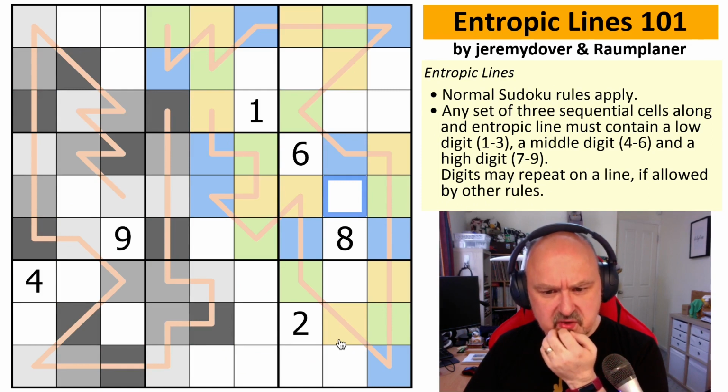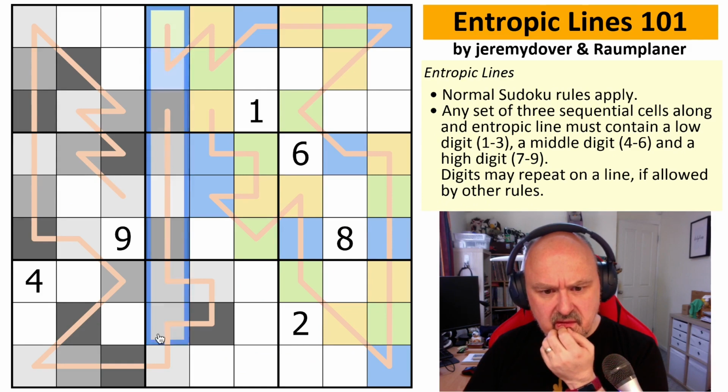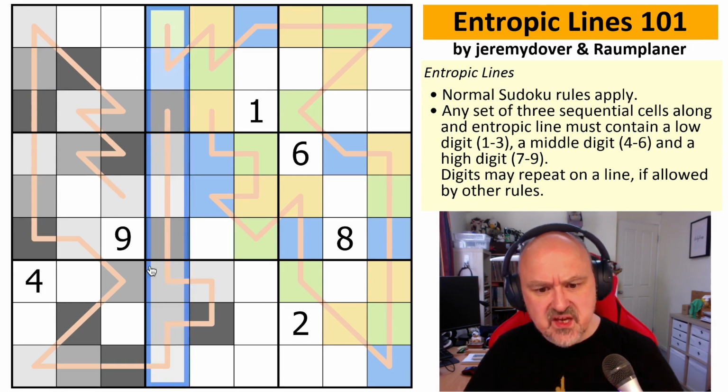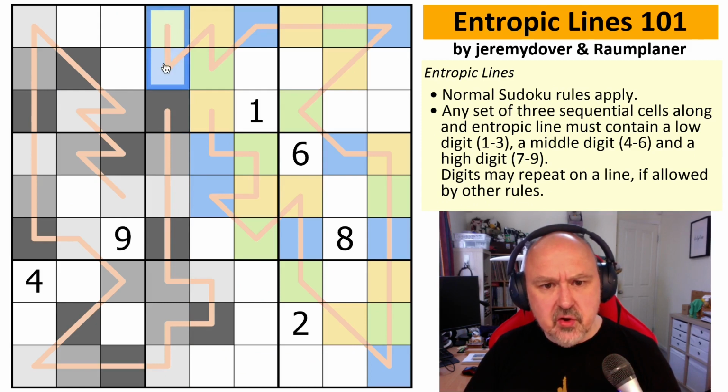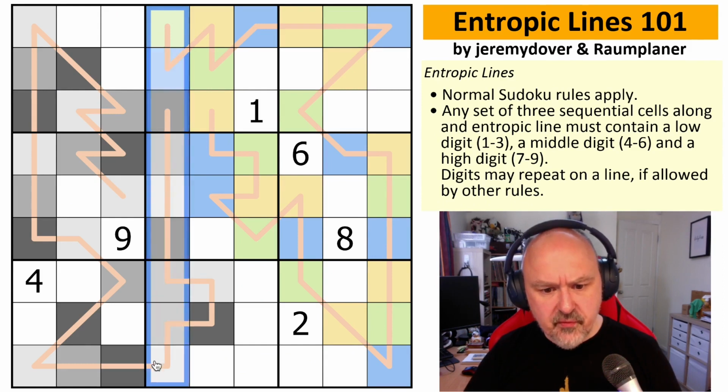Now I suppose the question is, is there a way of tying it together? And that seems to be it. So I've got a green and a blue. So there's only 3 of each digit. Now I've got a green and a blue in column 4, and I've got 3 middle grey digits.